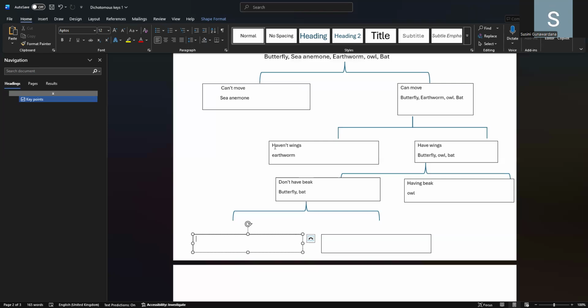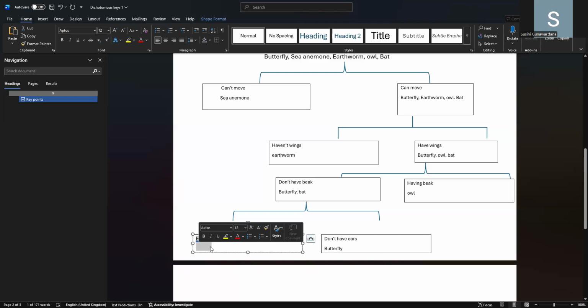Bat has ears, just like us. As bats are mammals, they have ears. But butterflies, do they have ears? No, they don't. So I am writing that characteristic: having ears and don't have ears. Don't have ears will be butterfly, and have ears will be bat.